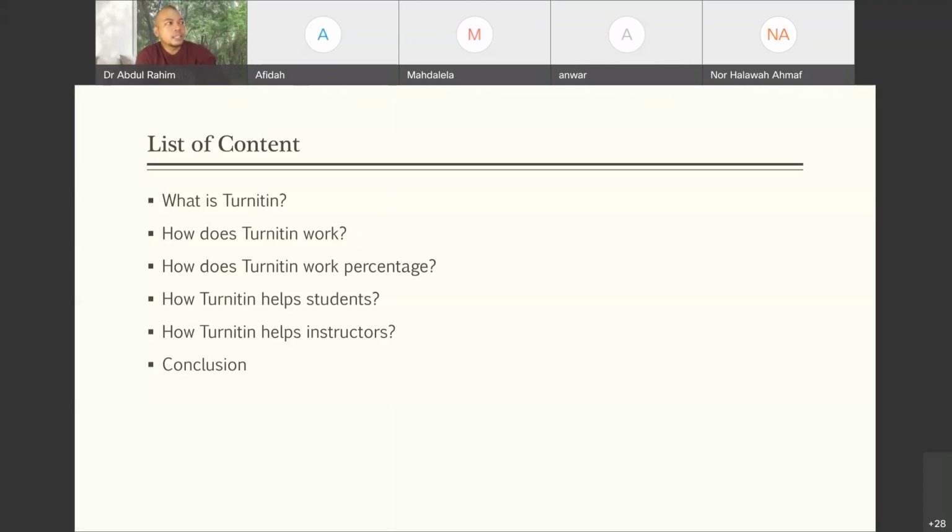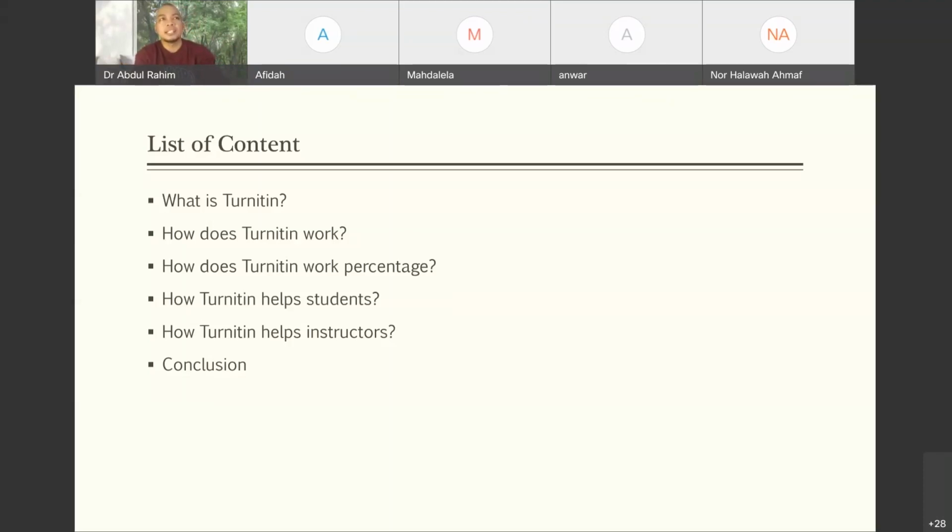Then how does Turnitin work, which is the second part of today. The third point is very interesting. Then how Turnitin helps the student and how it helps the instructor, which is us, the academics. And then we have the conclusion.